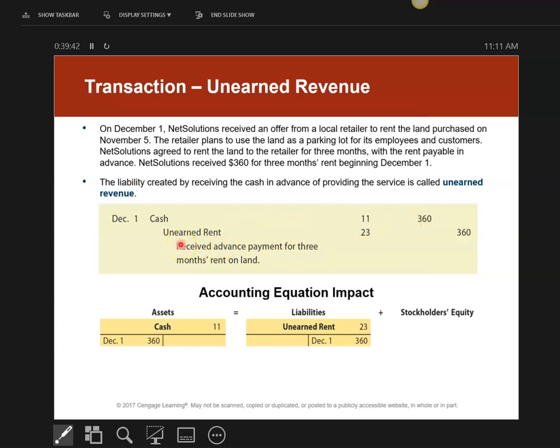This is like an unearned revenue. Basically they owe me rent. They've paid me in advance for the rent, and it hasn't been used yet. So I'm going to increase my cash and increase my unearned rent. This is a liability, because technically I owe them this money if they do not rent it out.